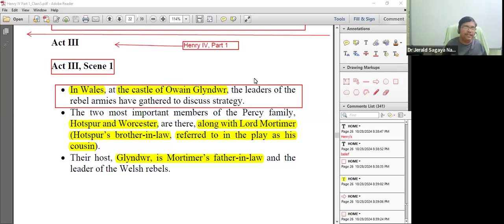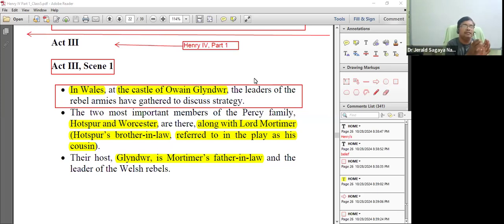In Act 3, Scene 1, we are going to find how the rebels are planning their attack against Henry IV. All the rebels are now gathering in Wales. You know that in Wales there is already a rebel, Owain Glendower, the father-in-law of Mortimer, and he has arrested his own son-in-law because Mortimer was representing England.